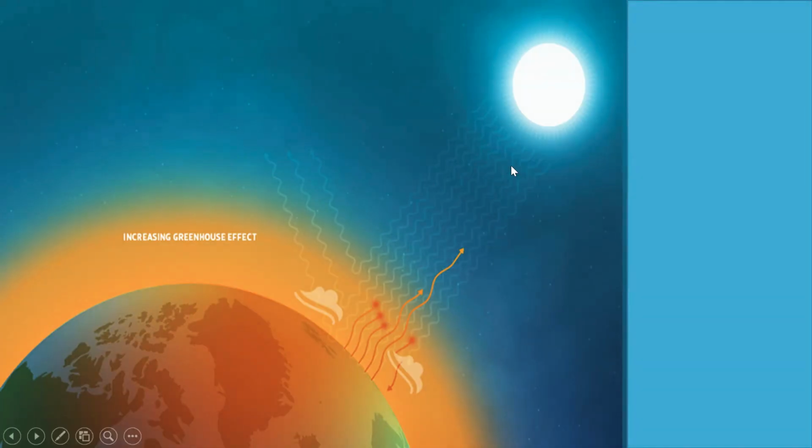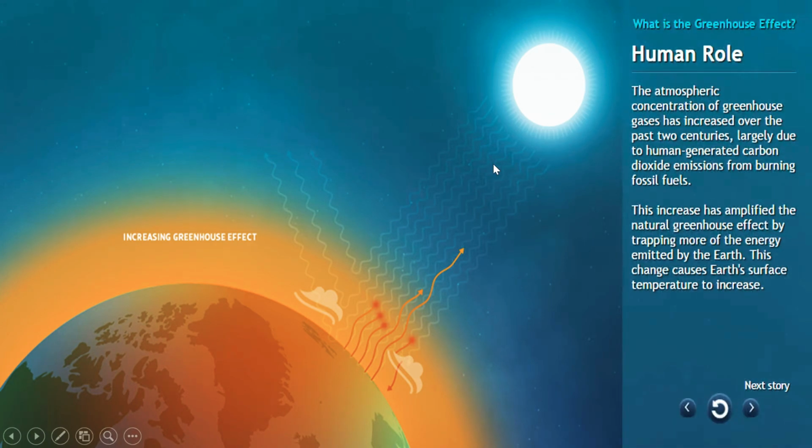So now, increasing greenhouse gases, of course, may cause increasing greenhouse effect. It is attributed to human role as we move through industrialization and commercialization. We cut trees, we convert lands from agricultural to commercial, or forest land to commercial because we need space because the population is increasing.